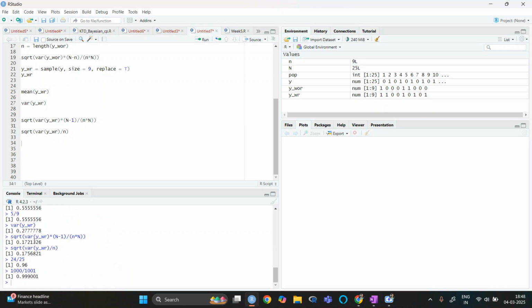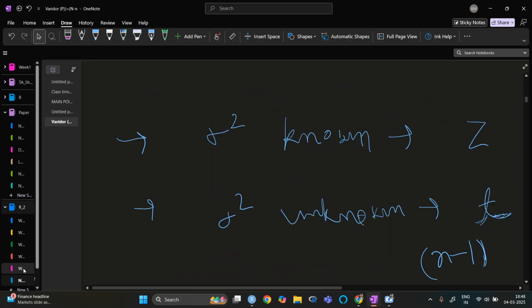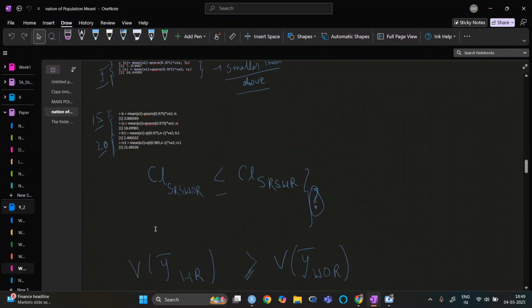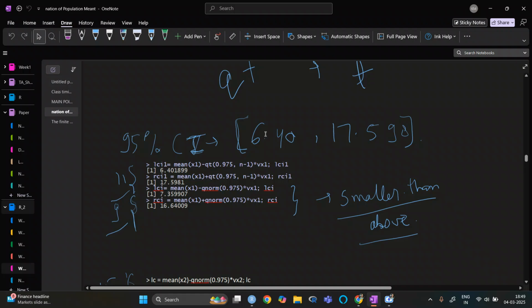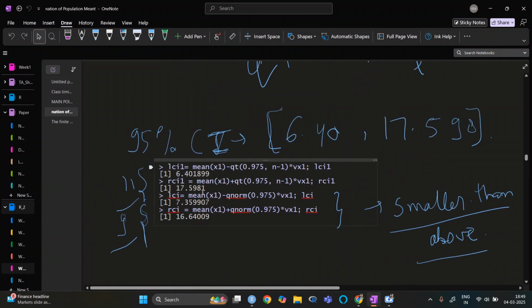With replacement, the variability is 0.17. Also, in the last class, I gave one proof regarding this confidence interval. So we will see the confidence interval also.